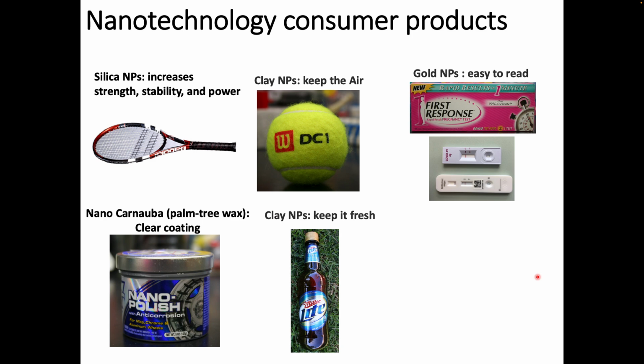Okay, and the reason for that was actually nanomaterials. Clay nanoparticles are mixed in this plastic bottle, and it contains the pressure, and it doesn't lose the gas as much. Okay, so that's how they maintain freshness of the beer. Okay.